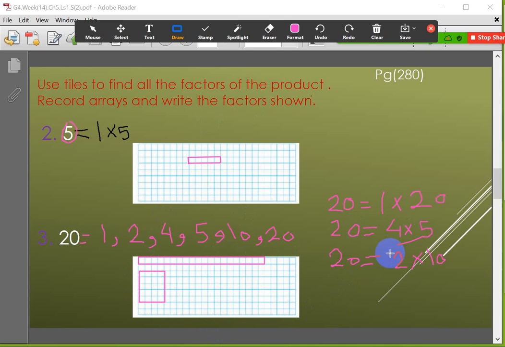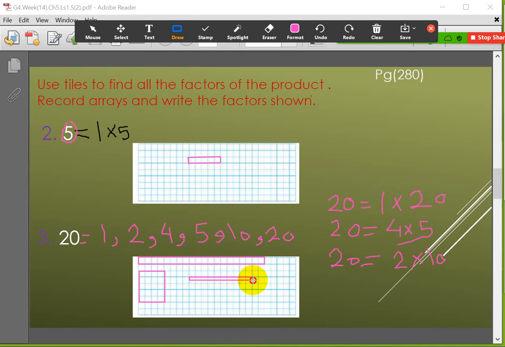The last one, 2 multiplied by 10. That means I will draw 10 in the horizontal way and 2 in the vertical way. I will choose this point, girls, and count here 10: 1, 2, 3, 4, 5, 6, 7, 8, 9, and 10.